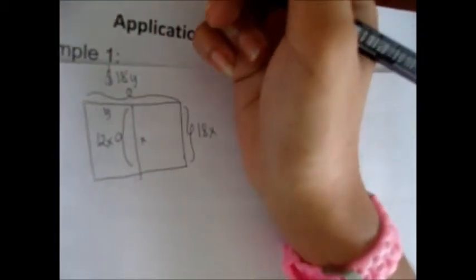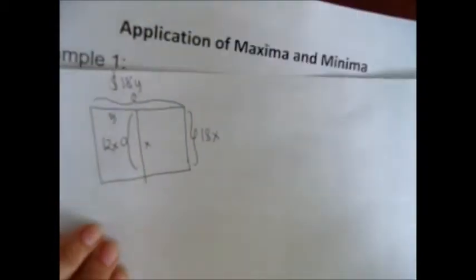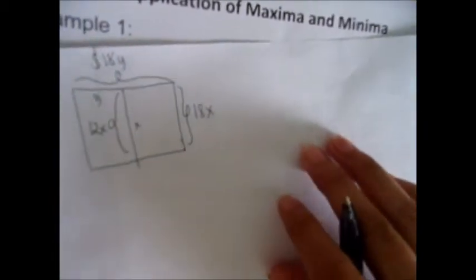It is y. And now we get the perimeter of the field. Recall the formula of the perimeter of a rectangle and the area of a rectangle. We have P is equal to 2x plus 2y, and the area is A equals x times y.